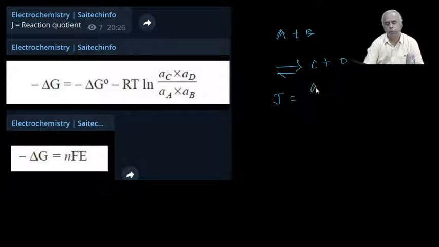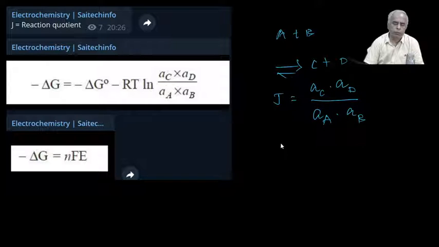So the active mass of the product C into the active mass of the product D, divided by the active mass of A and the active mass of B.